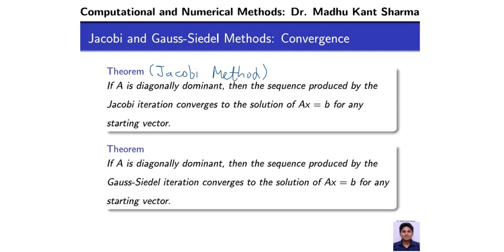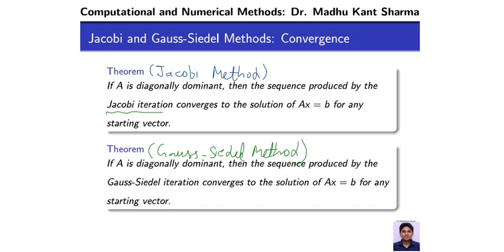So if a matrix is diagonally dominant, then the sequence produced by the Jacobi iteration converges to the solution for any starting vector. So again you can choose here any arbitrary initial vector. Okay, right. The next result is for the Gauss-Seidel method, which states that if A is diagonally dominant, then the sequence produced by the Gauss-Seidel iteration converges to the solution of Ax equals b for any starting x.